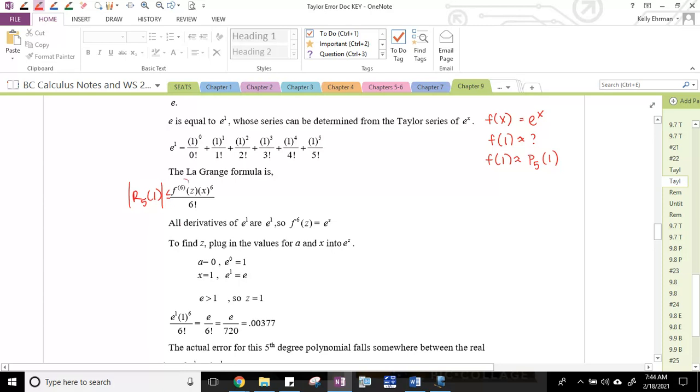So we just need to figure out, well, what is this 6th derivative of z maximum value? Well, you might start taking derivatives and realize that every derivative of e to the x is e to the x.